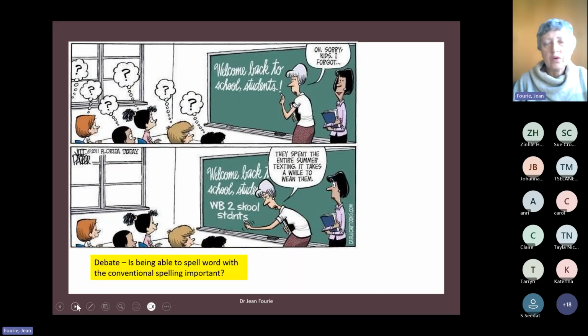Okay, so to remind everybody, we're talking about spelling in the English language, and spelling has to do with very, very complex rules that the English language follows.